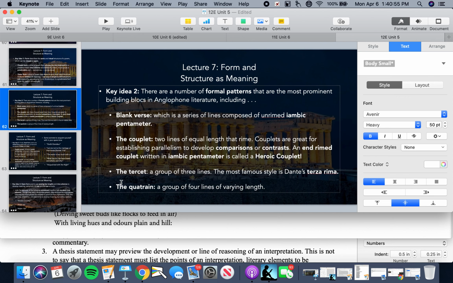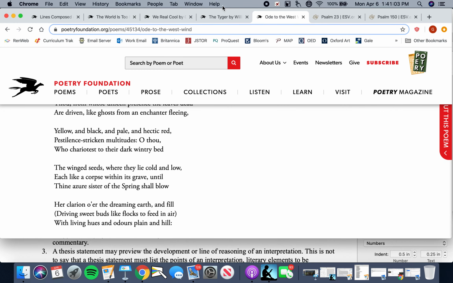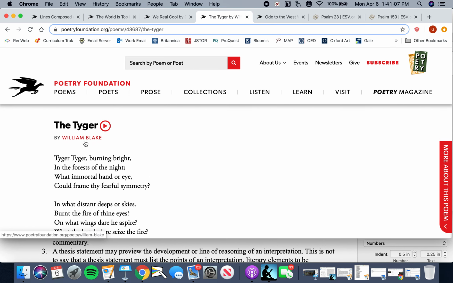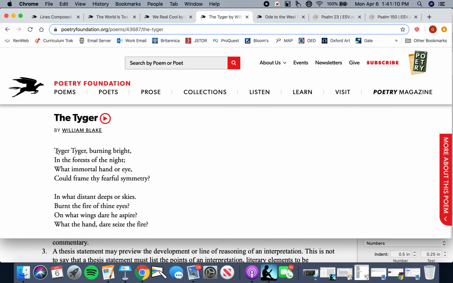And then finally, the quatrain. The quatrain is a group of 4 lines. They often vary in length, but it's just a way of structuring a poem into 4-line stanzas. William Blake's famous poem "The Tiger" uses this sort of quatrain structure, in which he's got these parallel couplets: bright, night, eye, symmetry, skies, eyes, spire, fire.